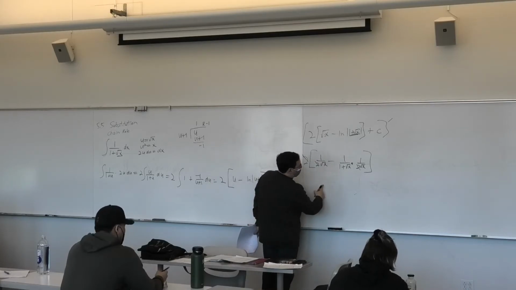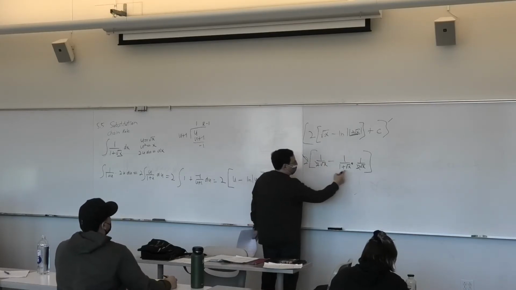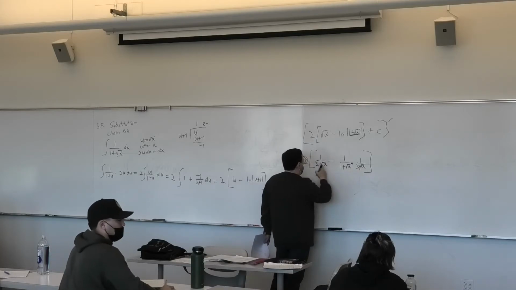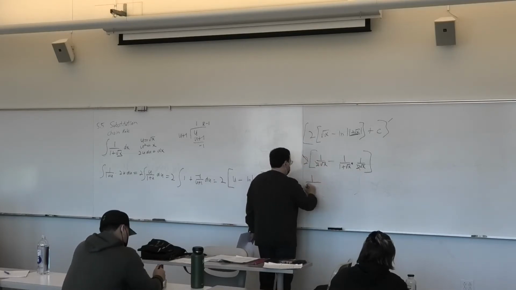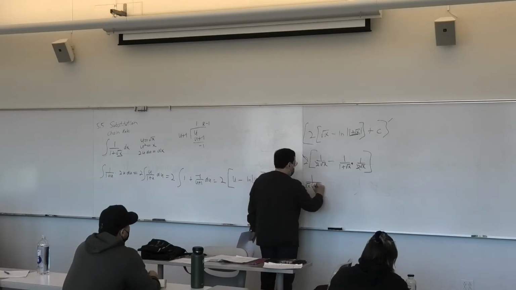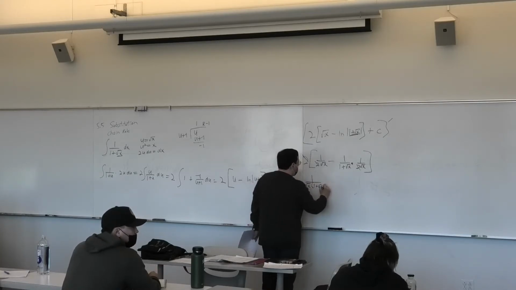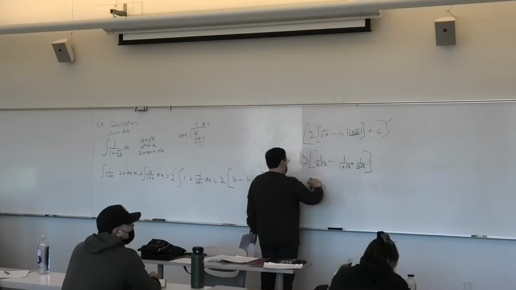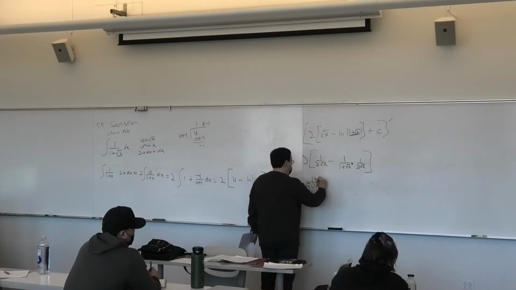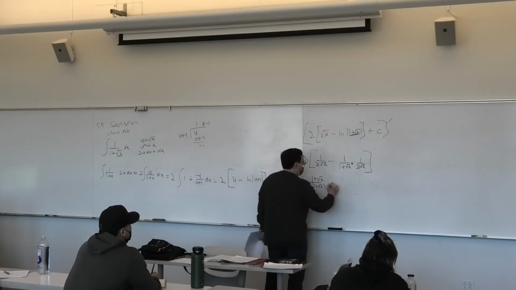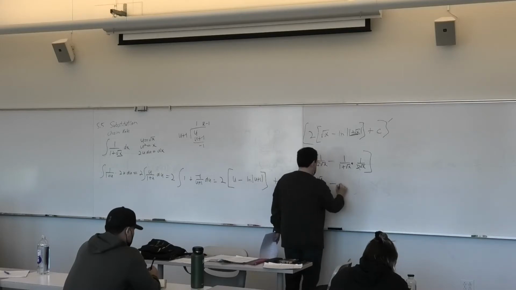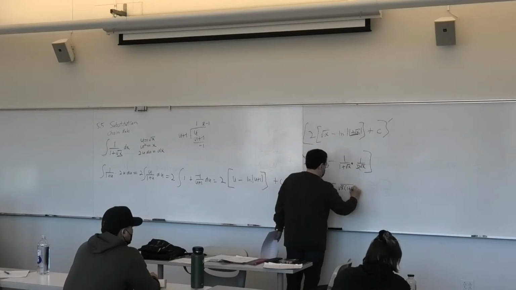And what are we going to do with this? I guess we want to put this over a common denominator. So I have to put this square root of x times 1 plus square root of x. So I'm going to get 1 plus square root of x in the numerator minus the square root of x, over square root of x times 1 plus square root of x.